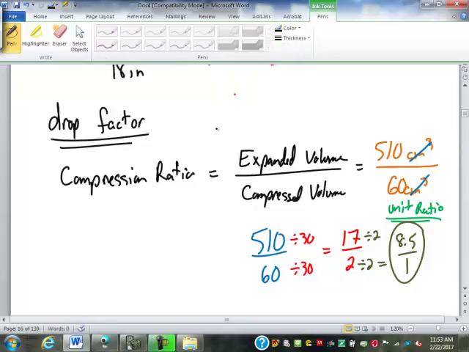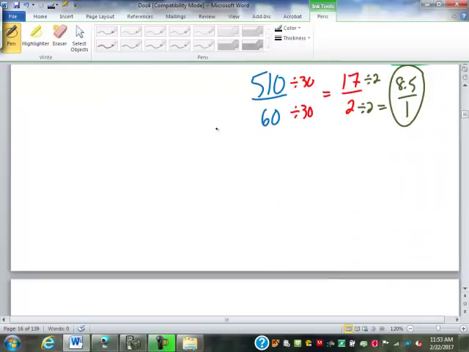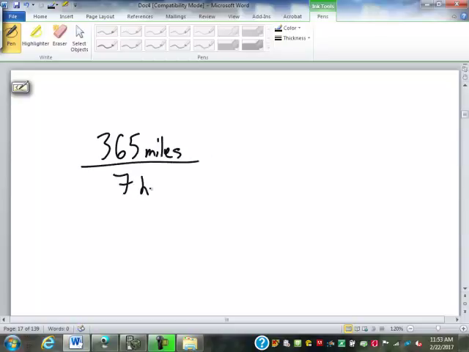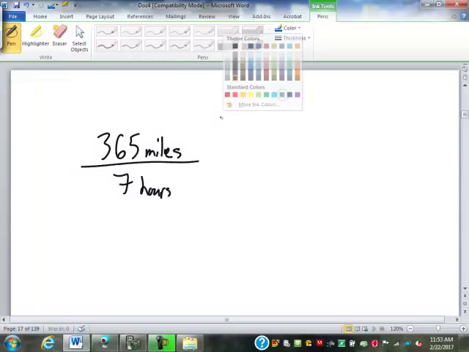Well, what if we have two numbers that don't have the same labels, and we can't make them have the same labels? Let's say we go on a road trip and we travel 365 miles in 7 hours. There is no way that I can turn miles into hours or hours into miles.